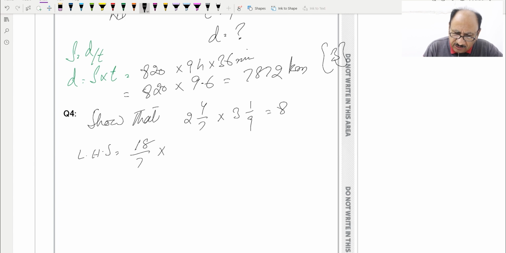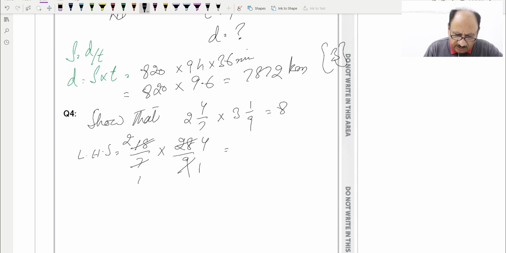Similarly, 9 times 3 is 27, plus 1 is 28, so 28 by 9. Further, we can cancel: 9 ones are 9, 9 twos are 18, and 7 ones are 7, 7 fours are 28.